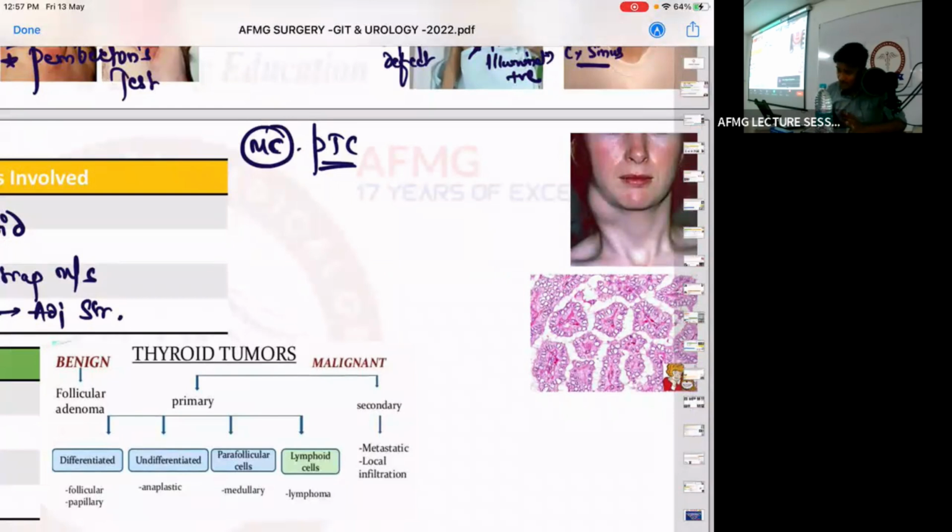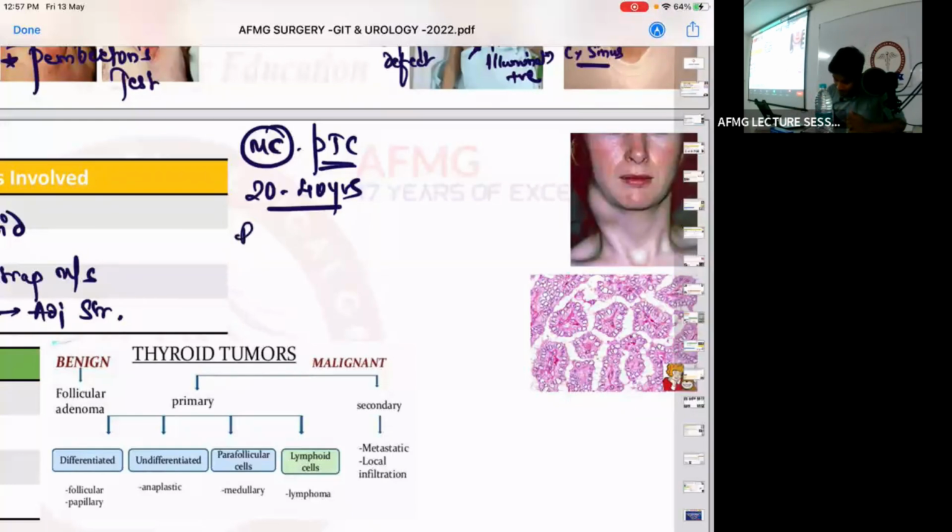It is more common in the 3rd to 4th decade, that means in the 20 to 40 years age group. A young patient presenting with neck swelling and cancer, which will be more common? Papillary thyroid cancer.